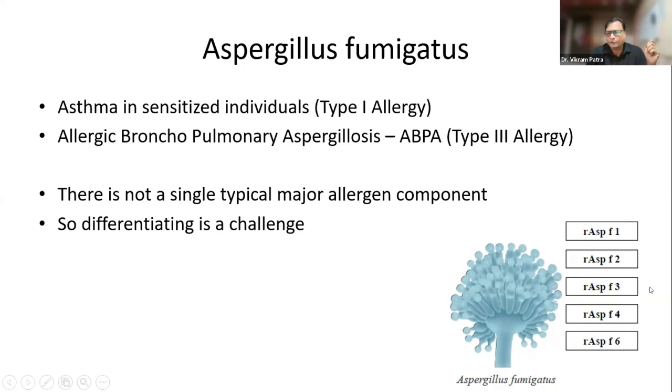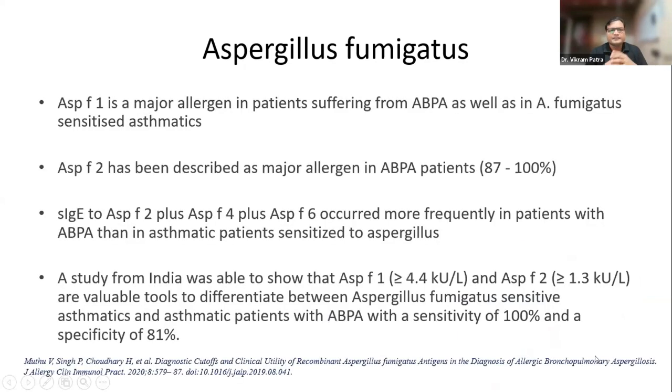So these are the various components of Aspergillus fumigatus, and you cannot say this is major, that is minor. There are various studies. Asp f 1 is a major allergen in patients suffering from ABPA, as well as in patients with Aspergillus fumigatus sensitized asthma. Approximately 80% of ABPA patients and 80% of Aspergillus sensitized asthma patients will show Asp f 1.